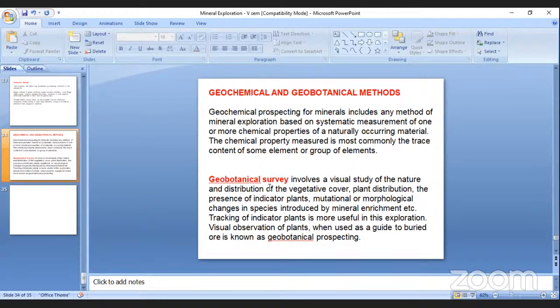Visual observation means the stem, root, leaf and bark, which are in different colors. When we use these as a guide, it is known as geobotanical prospecting.